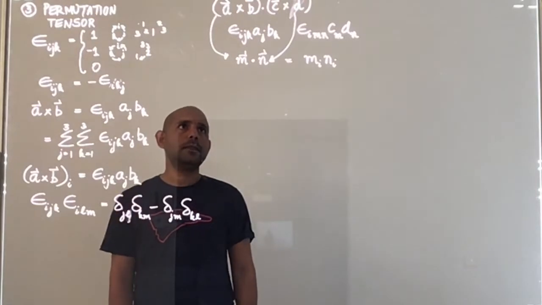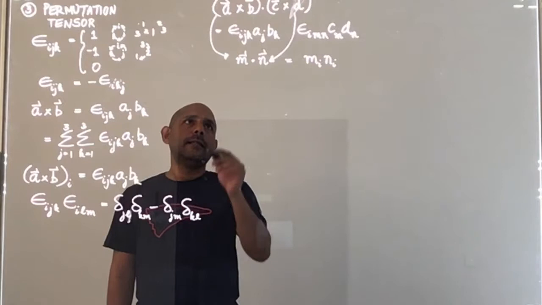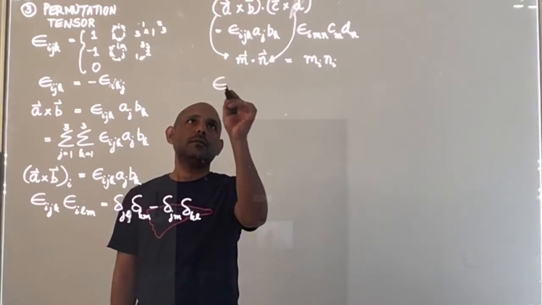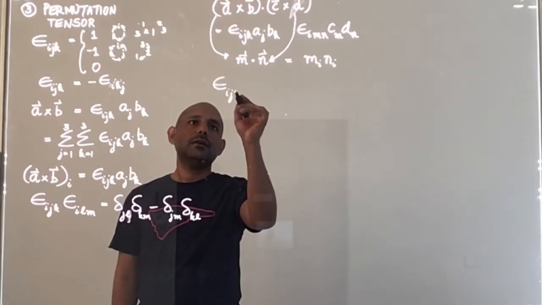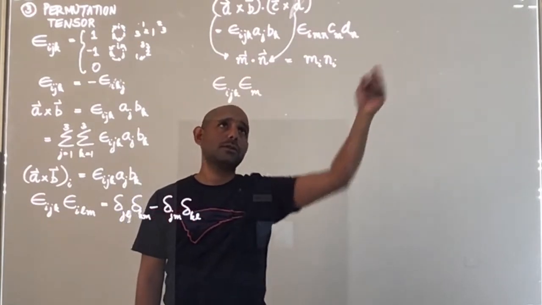Okay, let's put it all together. This is equal to, so I bring I, J, K, epsilon. Now it's all just products.